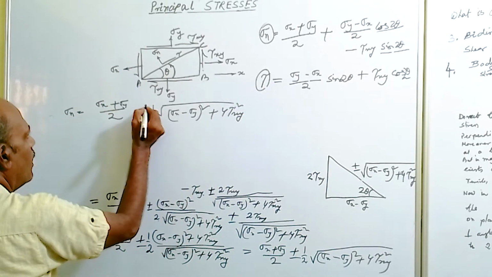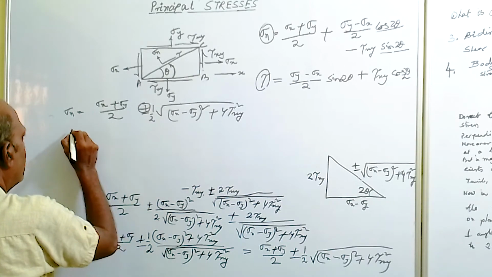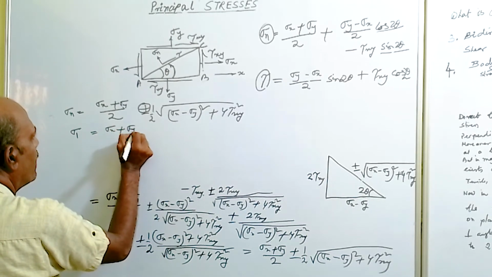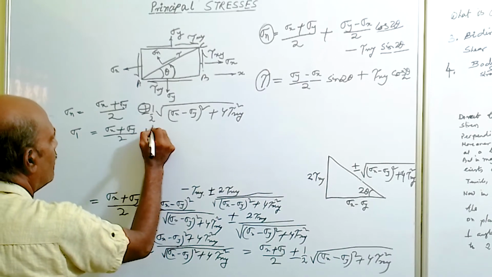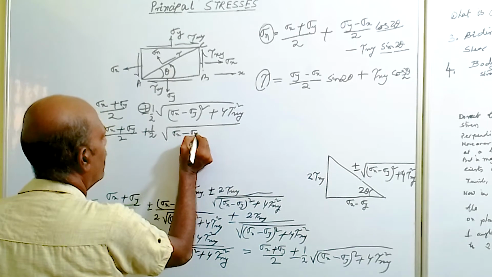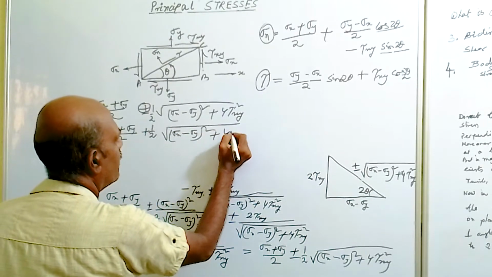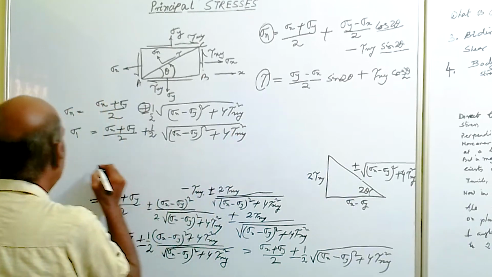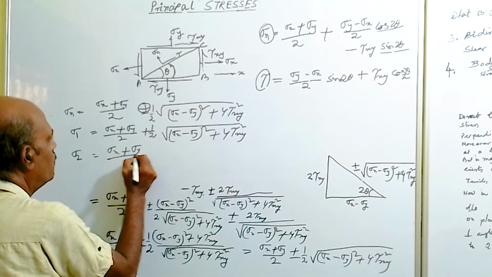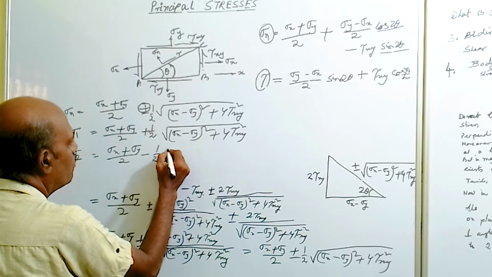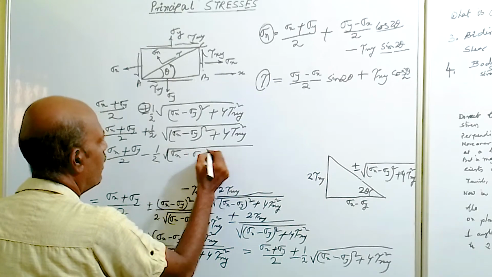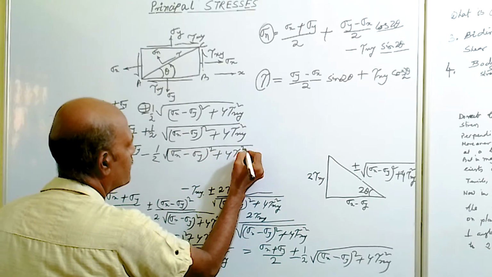Now when you consider plus, it will give one value, and we are denoting it by sigma 1 is equal to sigma x plus sigma y by 2 plus half square root of sigma x minus sigma y whole square plus 4 tau square xy, and sigma 2 we will get as sigma x plus sigma y by 2 minus half square root of sigma x minus sigma y whole square plus 4 tau square xy.